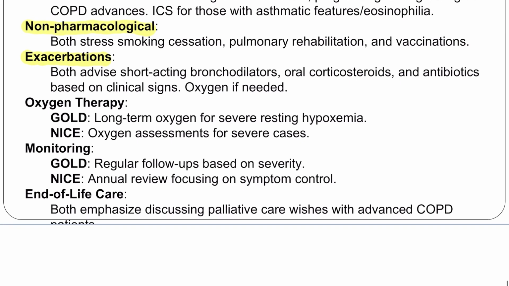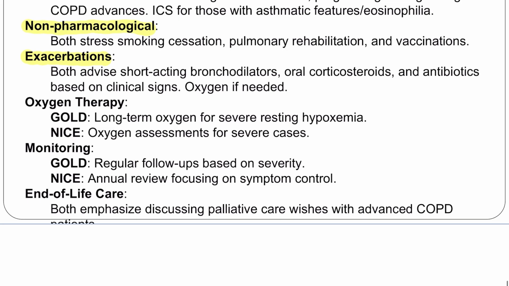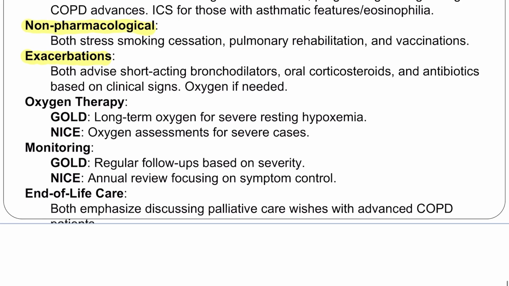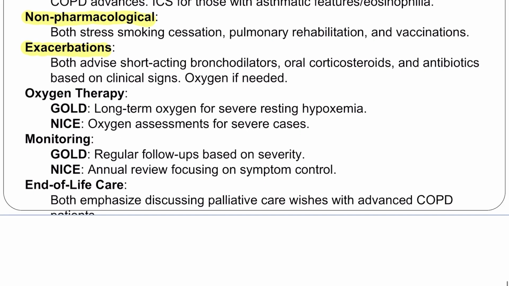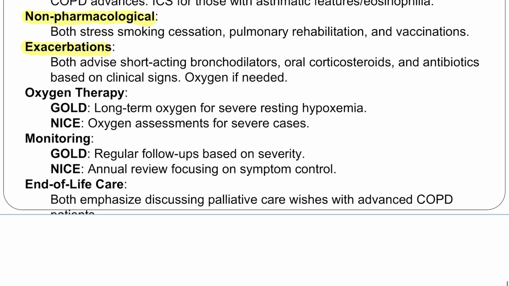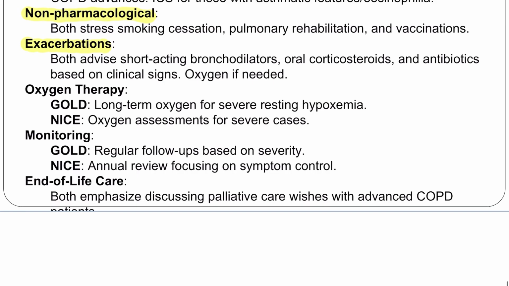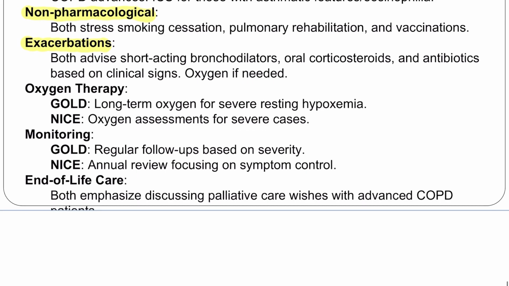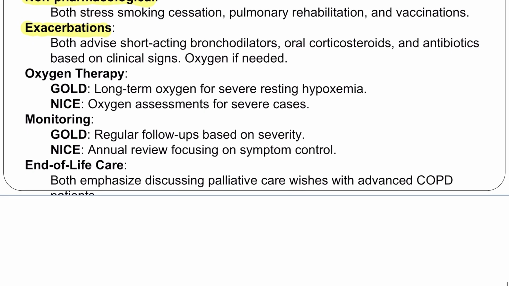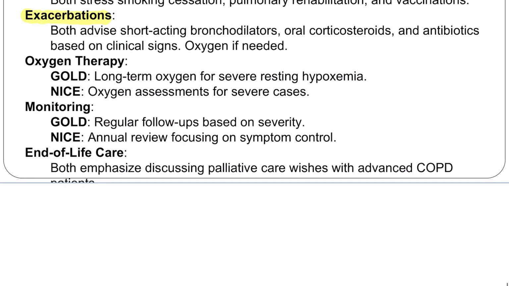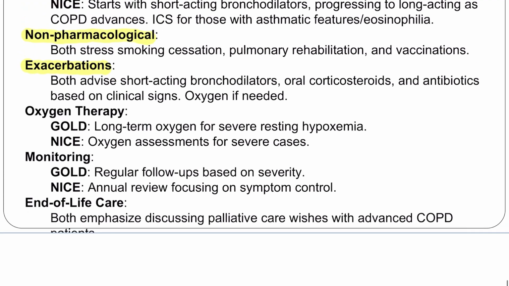NICE says oxygen assessment for severe cases. We have already talked in detail about the indications for long-term oxygen therapy. For monitoring, GOLD says regular follow-up based on severity, and NICE recommends an annual review focusing on symptom control. And regarding end-of-life care, both emphasize discussing palliative care wishes with advanced COPD patients.